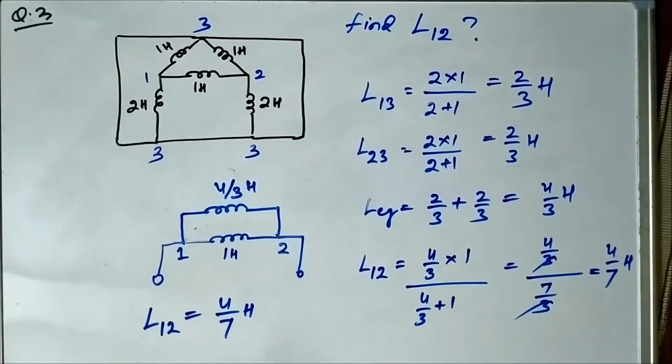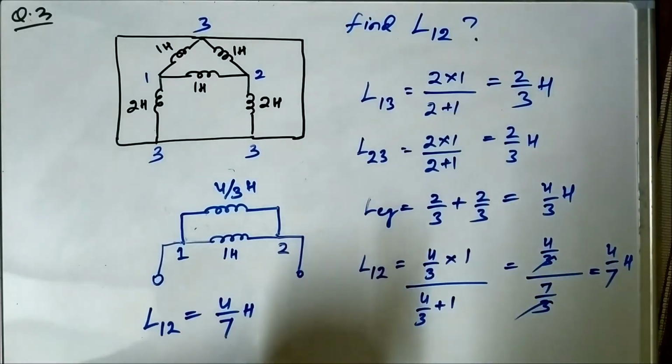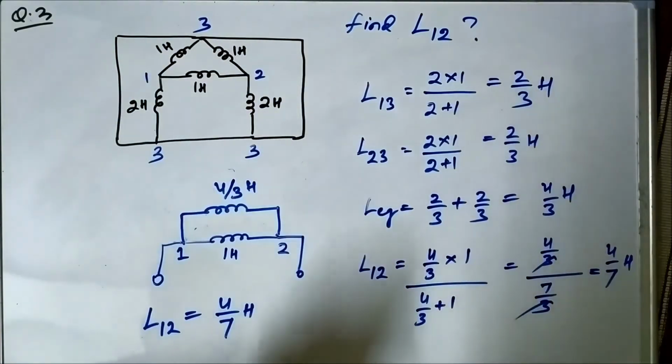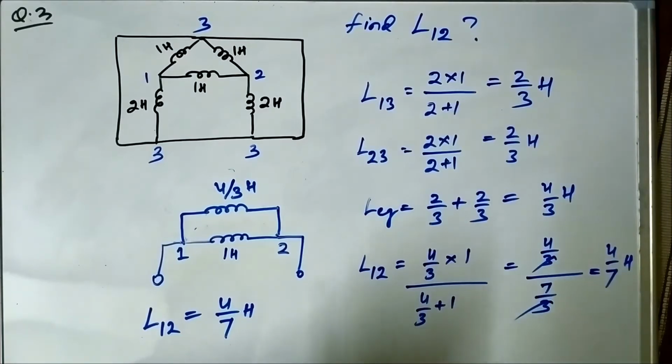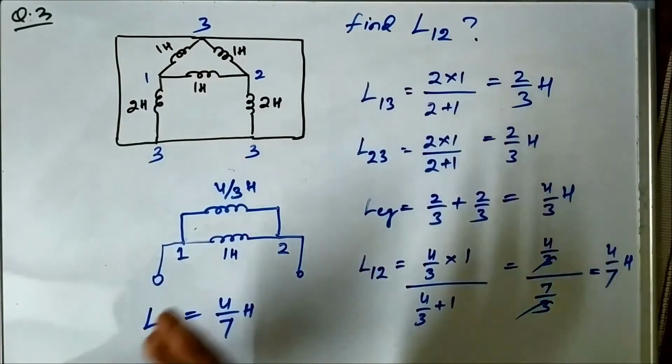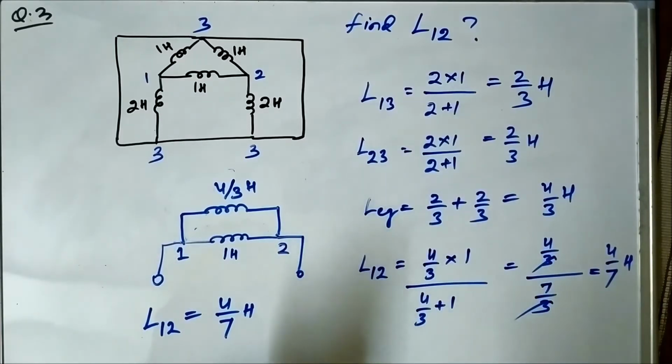The thing which can create confusion is these shorted terminals. It can create difficulty for a beginner in identifying the pattern of connection, and she will not be able to determine which groups of inductors are connected in series and which combinations are connected in parallel.